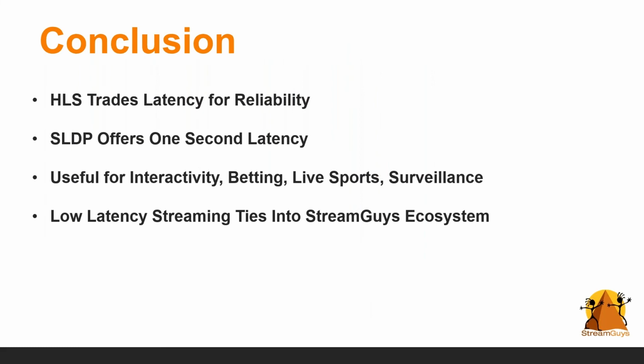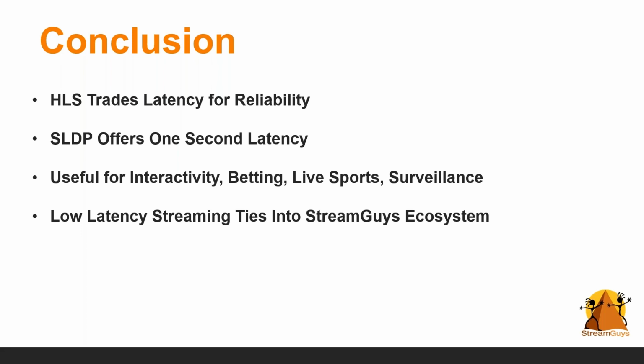So, what's the takeaway from today's webinar? Well, HLS is reliable, but comes with additional latency. When you need low latency video streaming, StreamGuys recommends the SLDP protocol because SLDP achieves latency of less than 1 second.